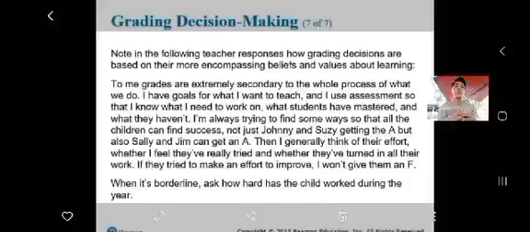So we should have decision making on giving a student's grade. For example, we have zero base, we have 70-30 or 50-50. Those are examples of grading decision making.